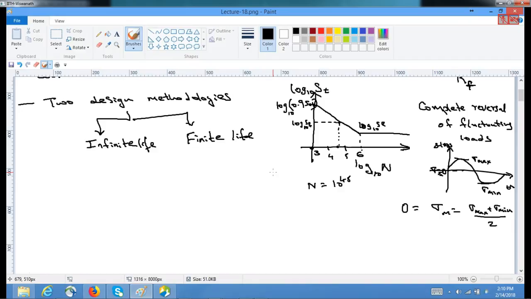So next, we will still work with the completely reversed load, but when you have more than one kind of loading available. Okay, so let's start working on this complete reversal of the load, but when you have more than one level of load operating.